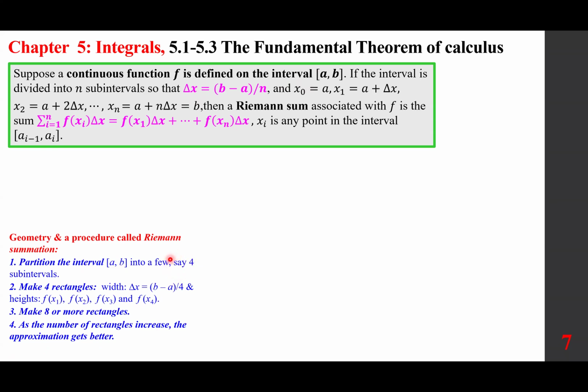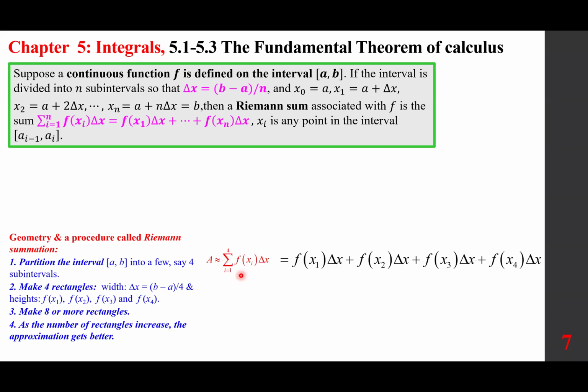So n is 4 subintervals, and you make up 4 rectangles. Delta x is b minus a over 4, and you have 4 heights, f of x sub 1, f of x sub 2, f of x sub 3, f of x sub 4. Then you make it into more, 8 rectangles. And as the number of rectangles increases, the approximation gets better.